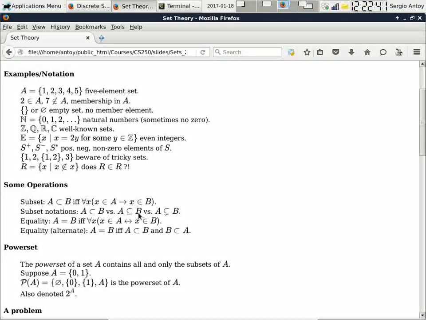Could we also say that A is a partition of B, B is a partition of A? No, these are very different concepts. When we do subset or superset, we have two sets. When we do partition, we have one set only. So this is equivalent to what?